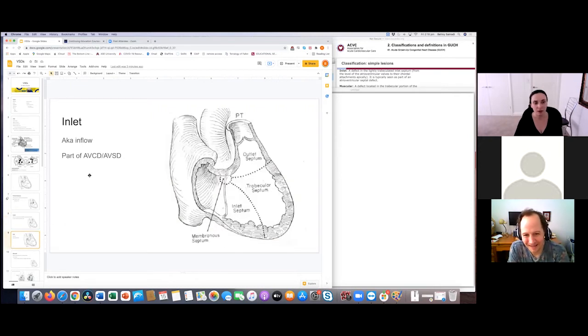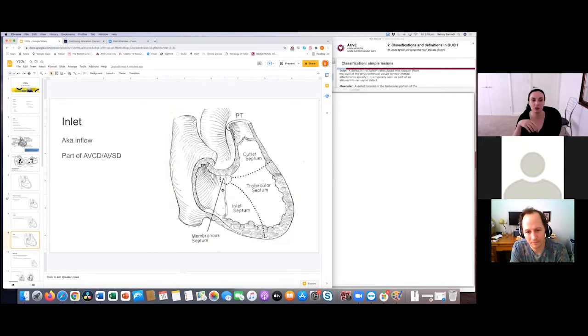The next type is inlet. So it can also be called inflow, and it sits around here. It's just under the atrioventricular valves, and it's actually usually part of a spectrum of congenital heart diseases called atrioventricular canal defects or atrioventricular septal defects. Again, naming the same thing, different terminology.